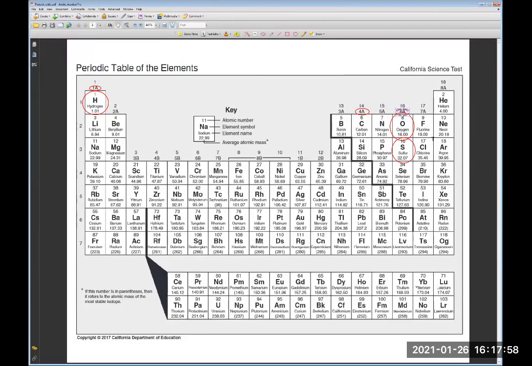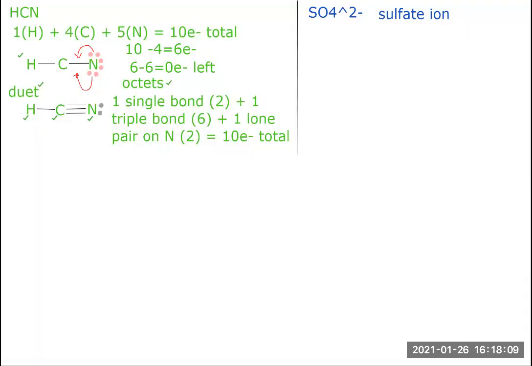So 6 valence electrons per oxygen and per sulfur. So let's calculate the total number of valence electrons we have to distribute. We have 6 electrons for the sulfur, and there is only one sulfur, plus 6 electrons times 4 oxygens.